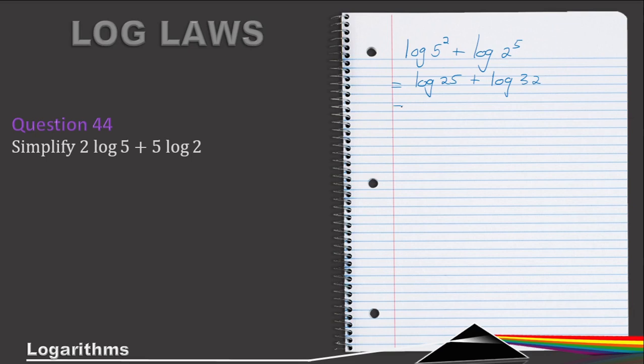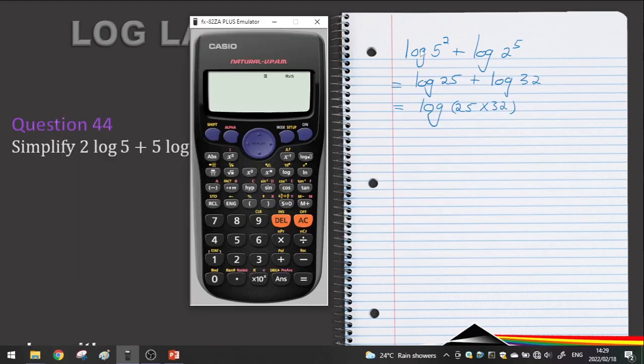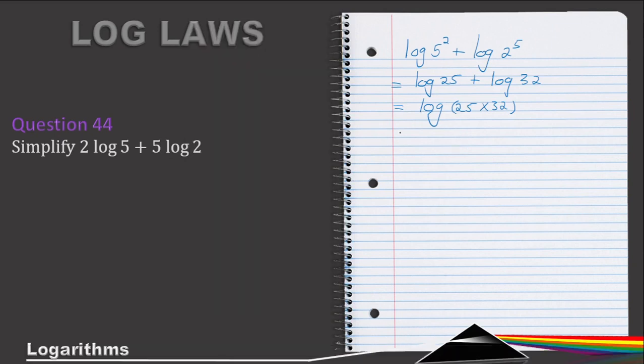And then when these are added, we can just multiply 25 times 32. So let's do that on the calculator. That's 800. So this is going to be log 800.